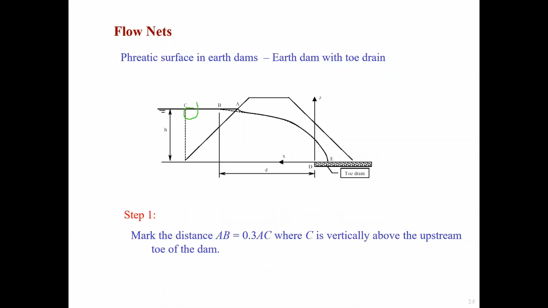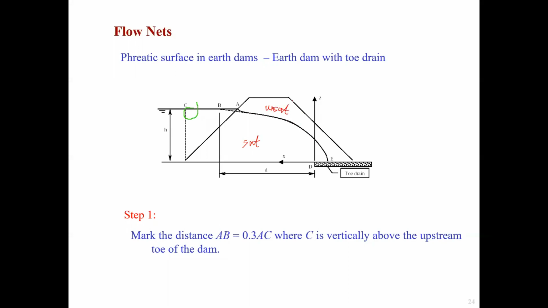The phreatic surface, as indicated previously, is a flow line. It's also a boundary of the saturated soil. So if this is a phreatic flow line, this is the saturated soil and that's the unsaturated soil.